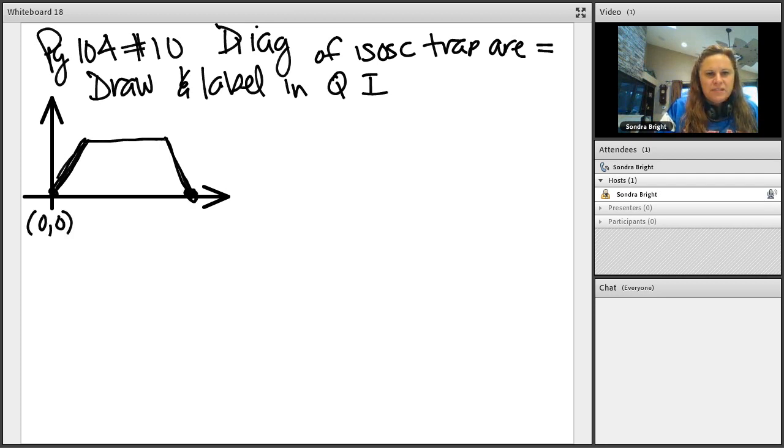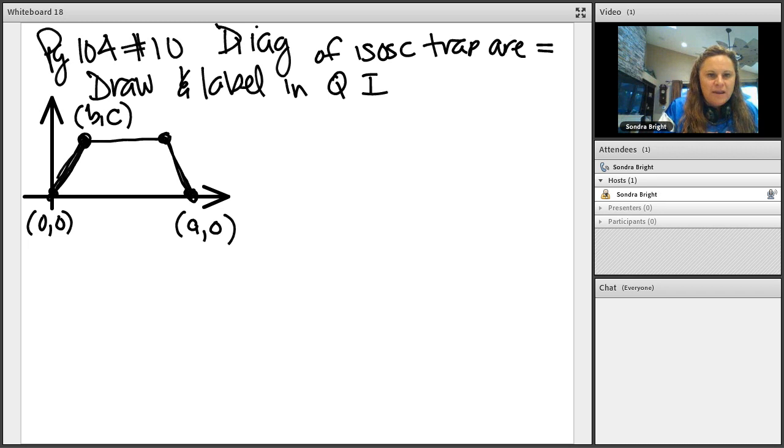If I call this point here a comma 0, and then I'm going to call this point right here b comma c, because your y value has nothing to do with that guy, and then b is just how far over you went on the x value.